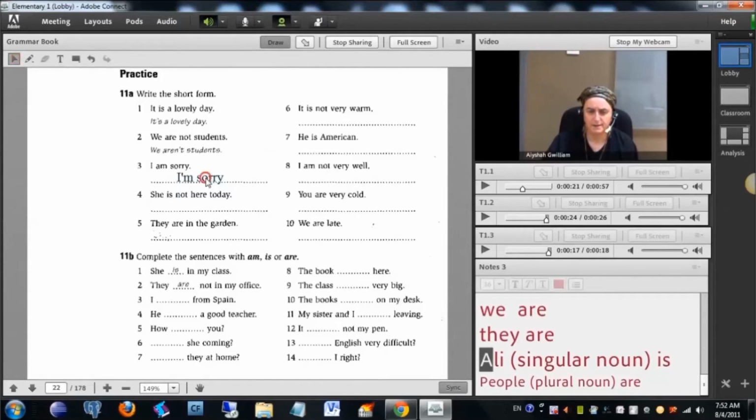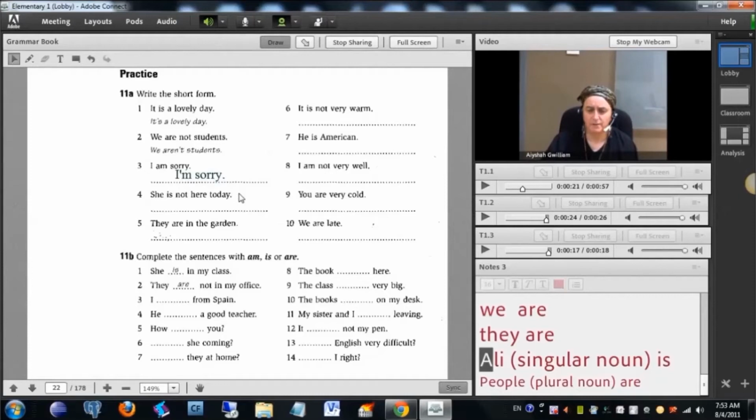And I'm going to put a full stop at the end because this is the end of a sentence. Make sure you put your full stops in there as well. Okay? I am sorry becomes I'm sorry.